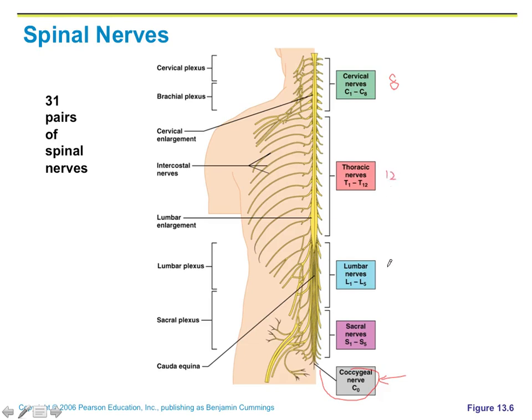Lumbar is from L1 to L5, that means 5 lumbar nerves. Sacral is from S1 to S5, that means 5 sacral nerves. The coccygeal is only 1. So in total this is 31. Since these are pairs, times 2, we have 62 spinal nerves.